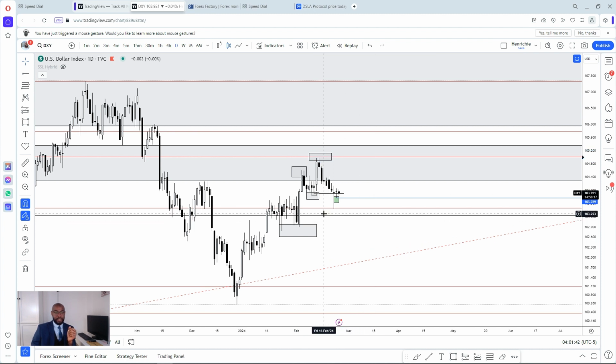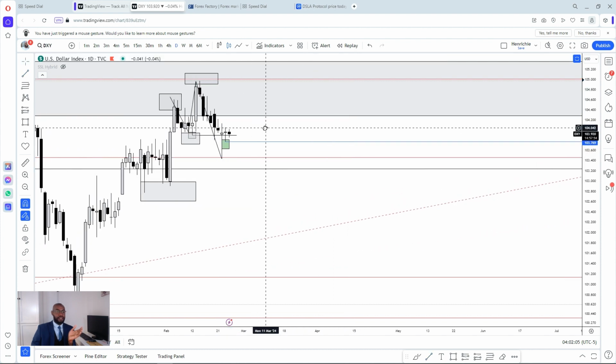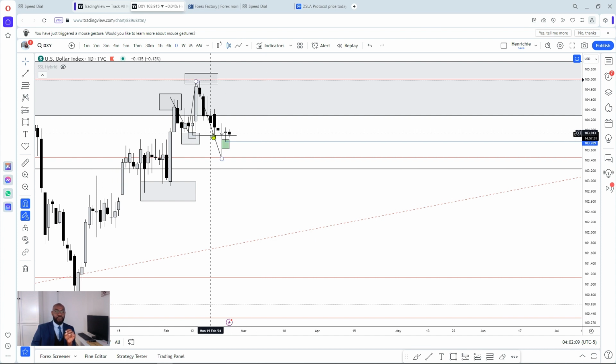Now, in as much as this is not the most significant low, let's say we'll call this a low because price dropped down, created a new high, right? If we are to say that right here is a break of structure, that will be us trying to identify this for what it isn't yet.